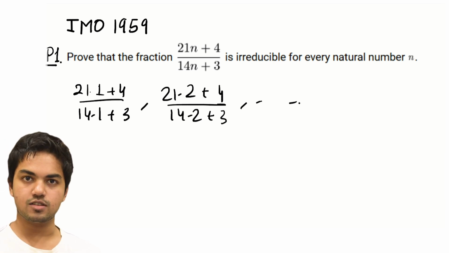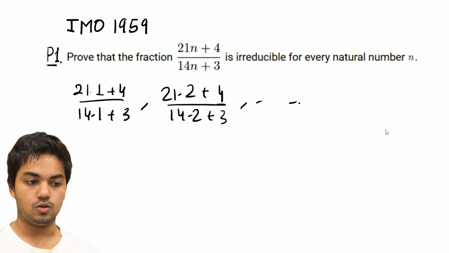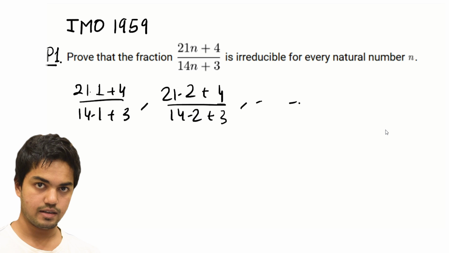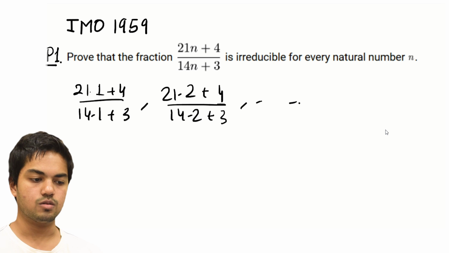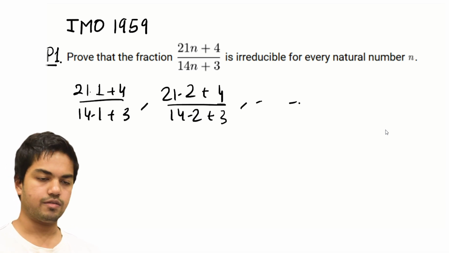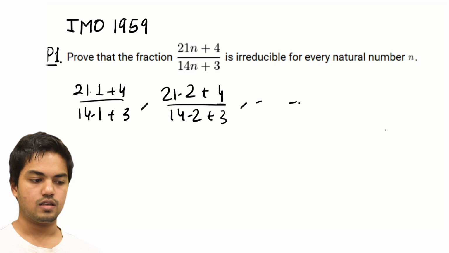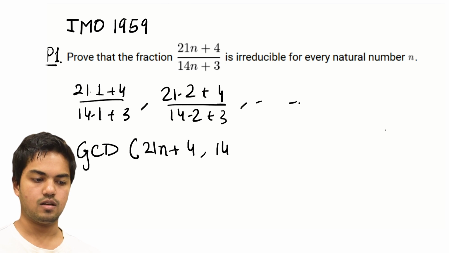So hopefully after attempting this problem, you have some appreciation for its difficulty and for its scope and for how far reaching its conclusion is. Now, how do we try to prove something like this? Really, what we are being asked to show is that the greatest common divisor of 21n + 4 and 14n + 3 is equal to 1.